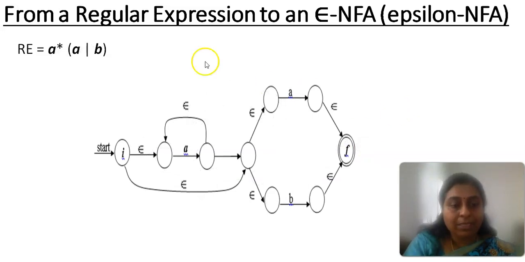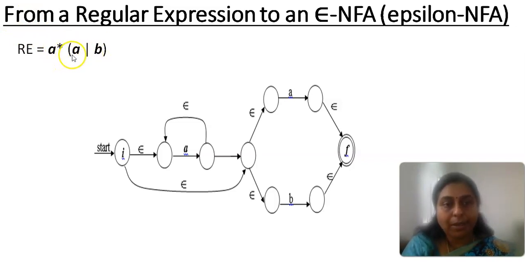Now, in this example, what happens? First, we need to identify the common portions. Here we have the Kleene closure A star directly, followed by a concatenation operation with A or B. So here A*.(A or B).